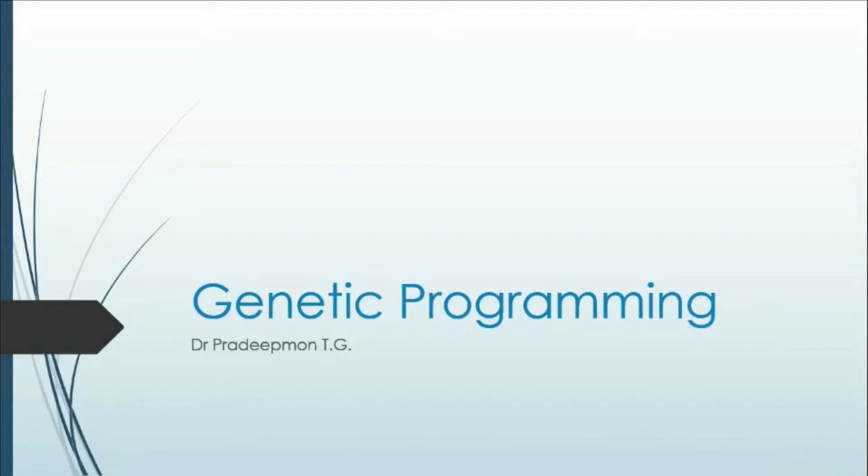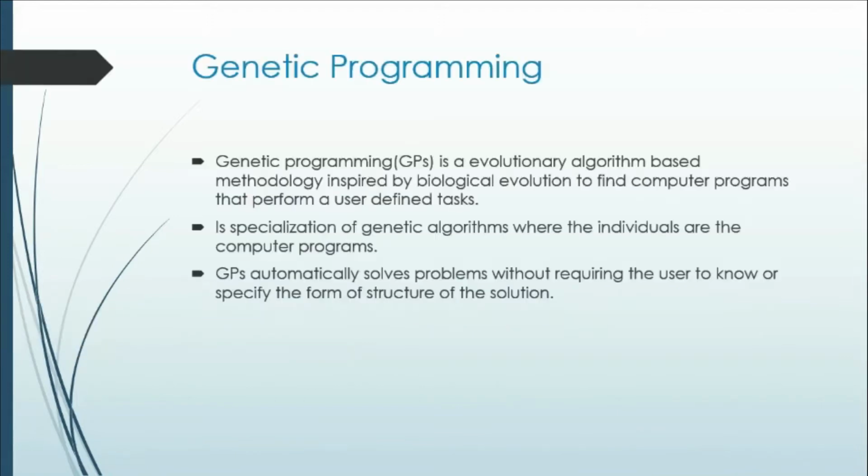So let's see what genetic programming is and a short overview of how it can be implemented in computers. Genetic programming, also known as GP, is an evolutionary algorithm-based methodology inspired by biological evolution to find computer programs that perform user-defined tasks.